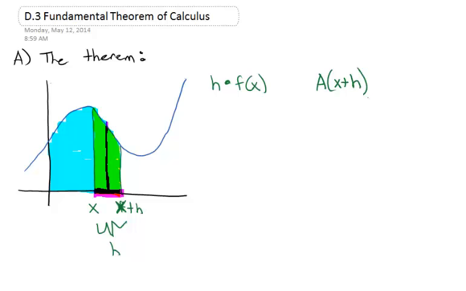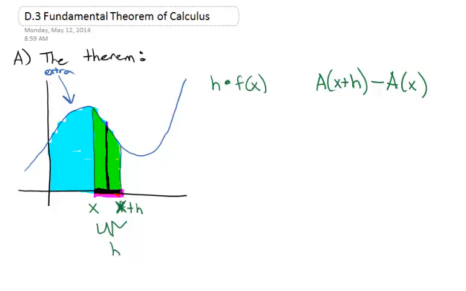But then we've got the extra area on the left side. That's extra, so we need to subtract it off. We're going to subtract the area up to the point x, and that'll just give us the green area that we want in the center.